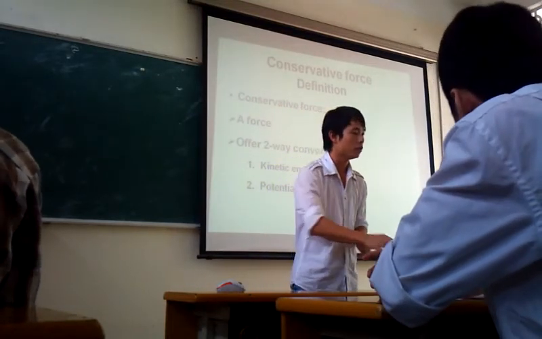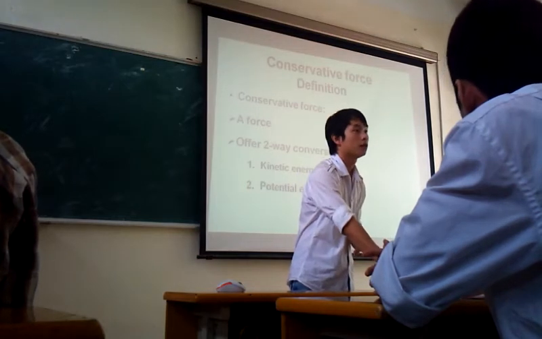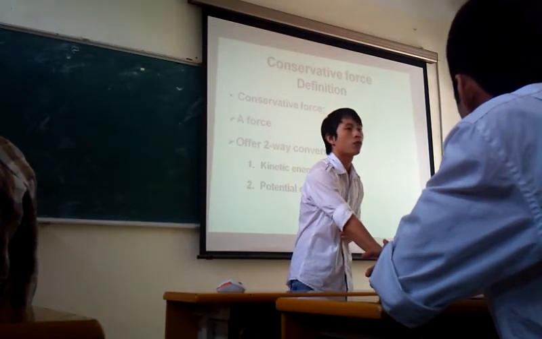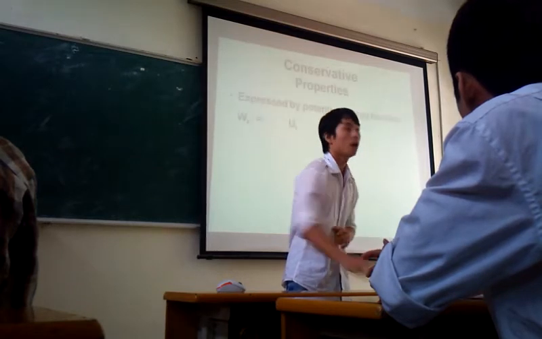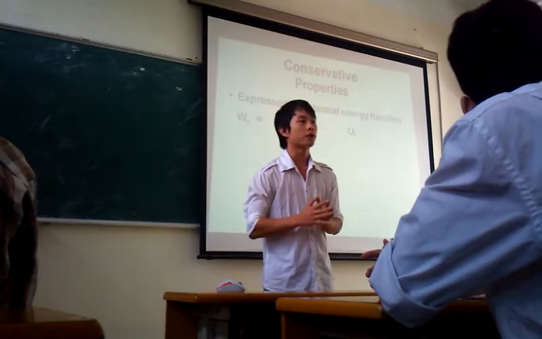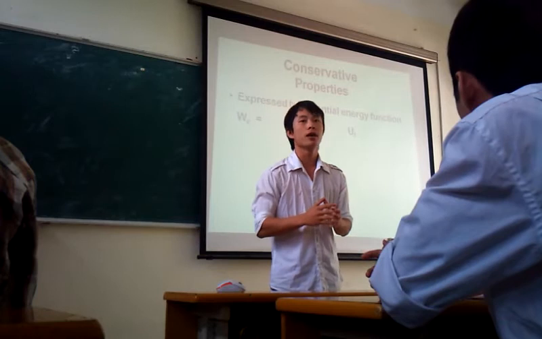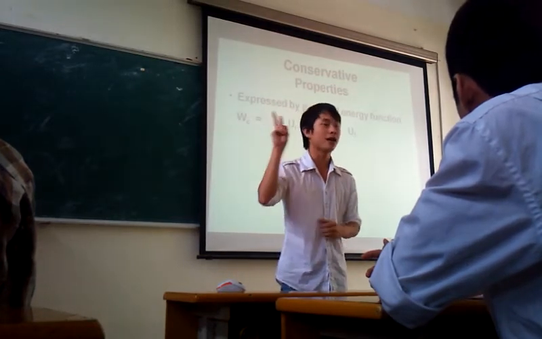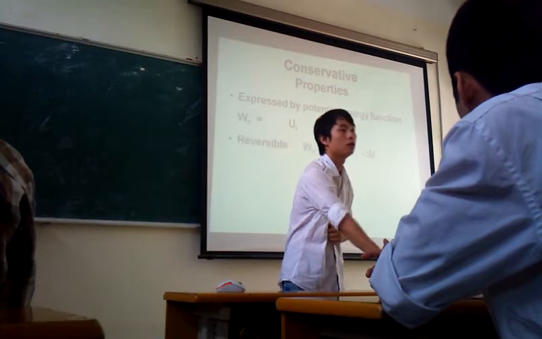Like any force, a conservative force can do work, and this work has properties. There are three properties. First, it can always be expressed as the difference between the initial and final values of a potential energy function. Secondly, it's reversible.